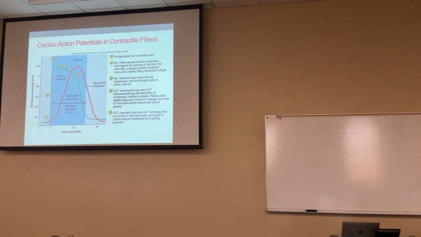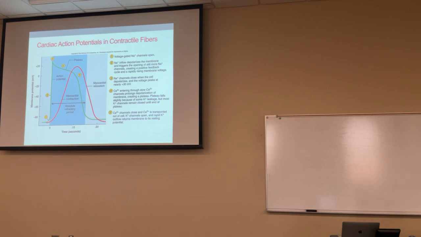Okay. Now there's also 3 different channels involved in the action potentials of the contractile fibers, which are the ones that contract in response to depolarization. The first one, however, is different. The first ion channel are fast sodium channels. So when a contractile fiber gets stimulated by a signal from either the SA node or the AV node, whichever the case may be, that activates fast sodium channels.